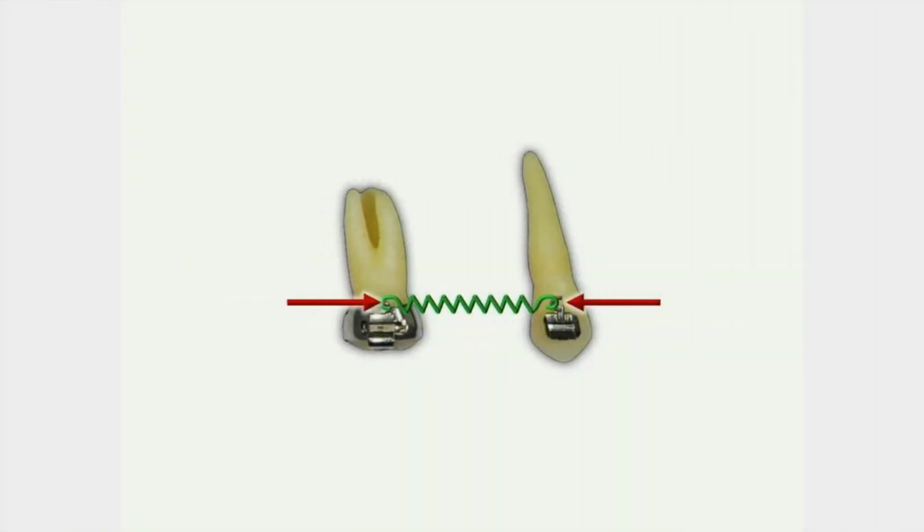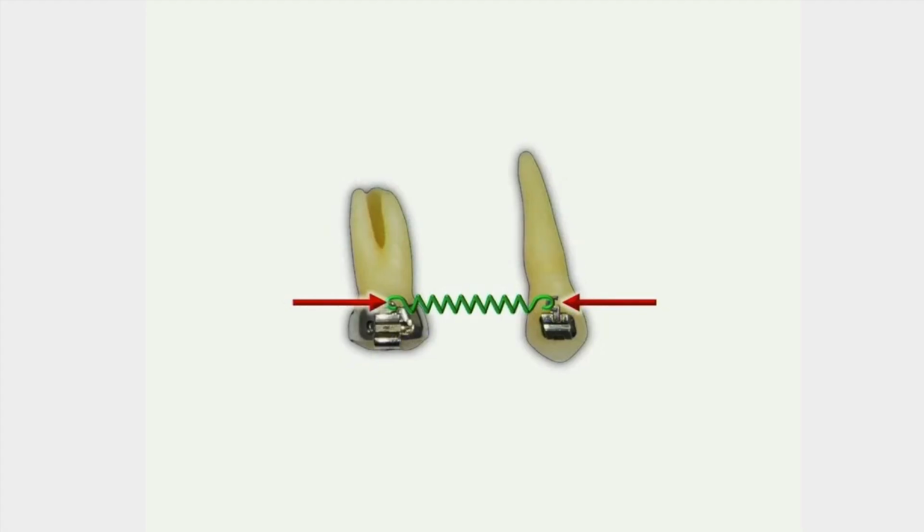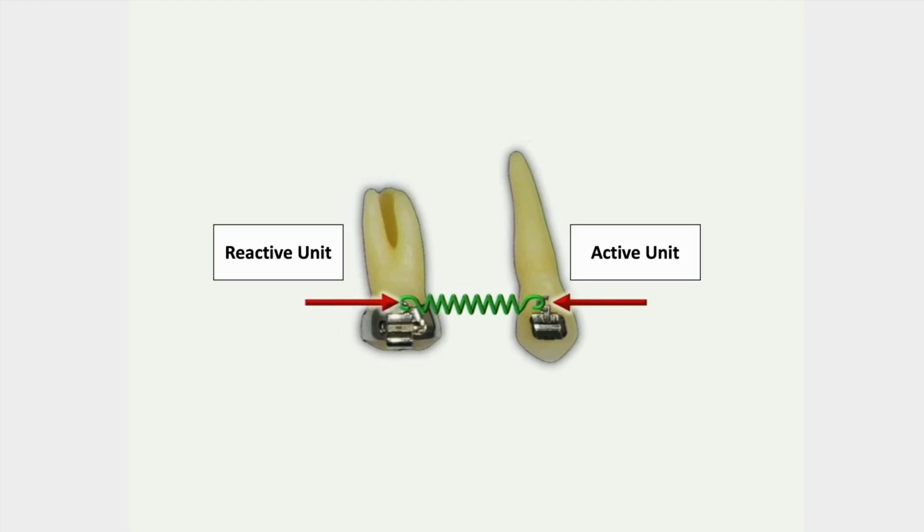From these examples, it leads to the definition of the active unit and reactive unit. Imagine that we want to retract the canine, using the first molar as the anchorage, and the coil spring is pulling from the first molar to the canine.